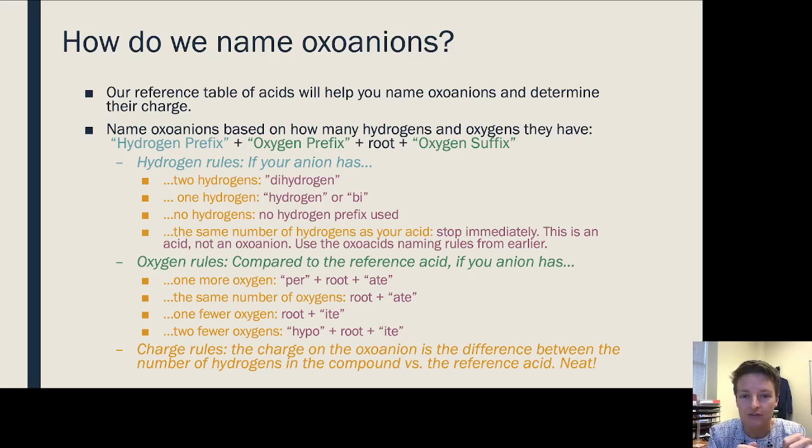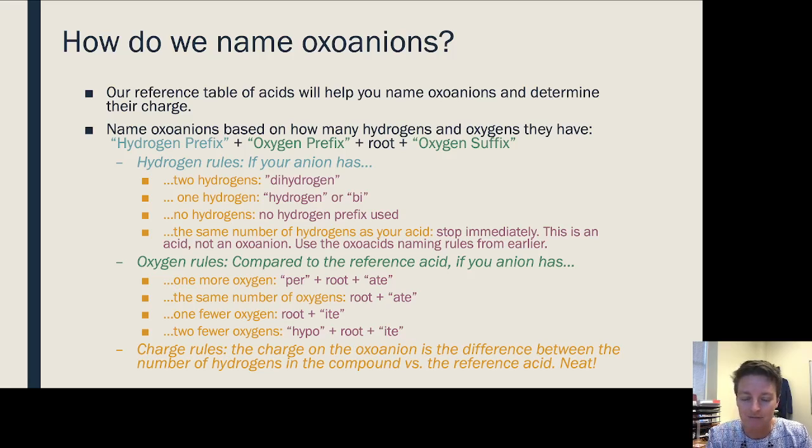And then maybe there'll also be a suffix related to the number of oxygens that are present. These oxygen rules are very similar to how we named oxoacids. The per and hypo prefixes are identical, relating to one more oxygen for the per prefix or two fewer oxygens for the hypo prefix. However, you'll notice that the suffix changed.